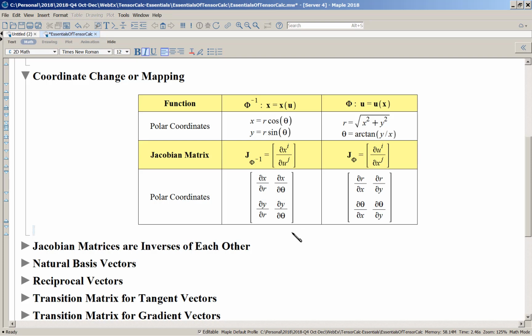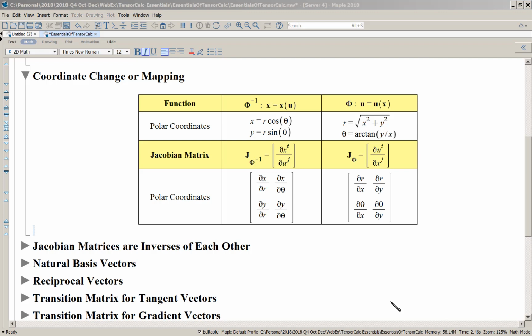That's the pattern. Most people have come through a calculus sequence, have seen this stuff, but those are the essential ingredients that you have to pull to the surface as you think about tensor calculus.